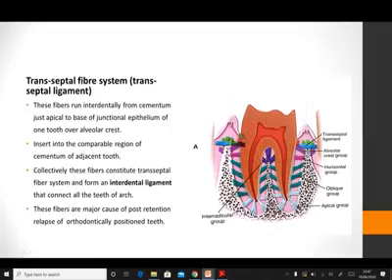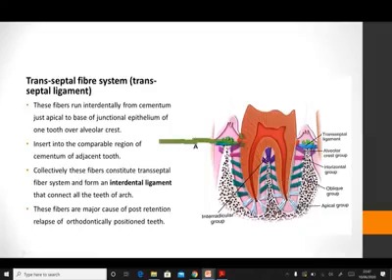They pass over the crest. This is your crest of the alveolar bone, and then they cross the alveolar bone and get inserted onto the similar region of the adjacent tooth, and then they extend throughout the arch, and that is how they are connecting all of the teeth in one arch, and there they constitute the transeptal fiber system, or we call them the interdental ligaments, connecting all the teeth in one arch.